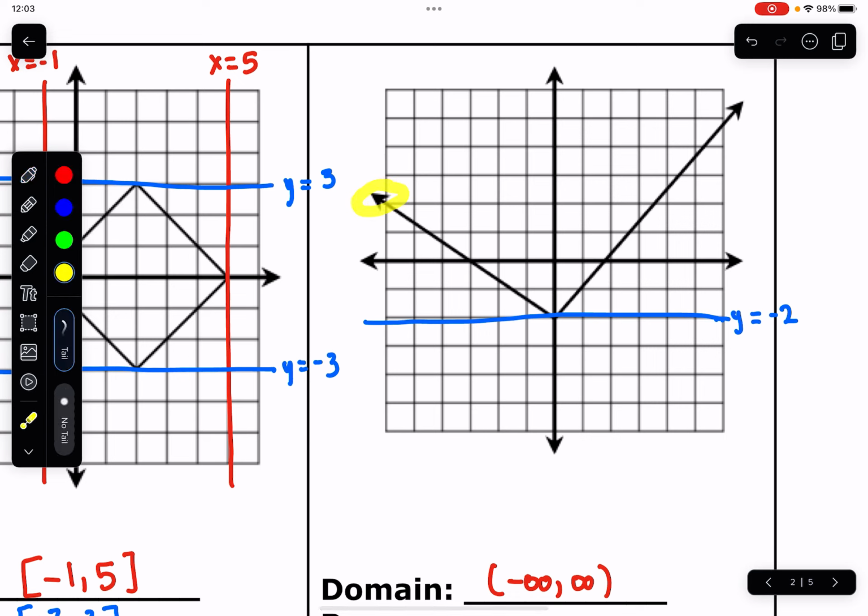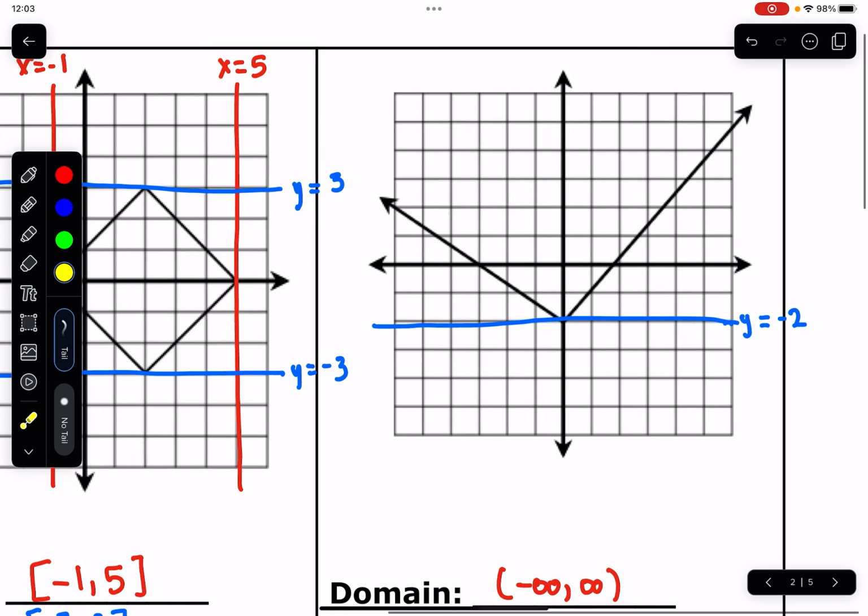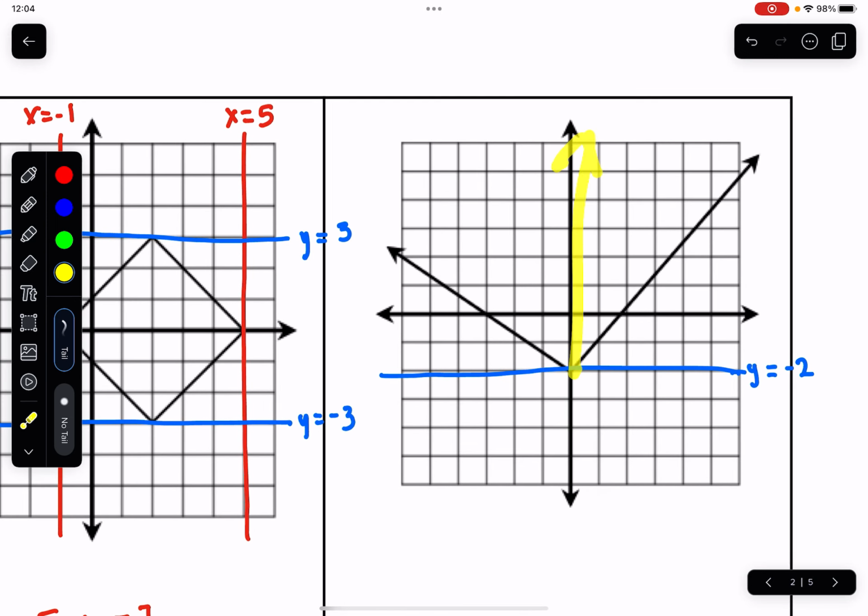It doesn't stop here, nor does it stop here. It continues moving upwards. So there's no boundary point up here. So the interval here would be from -2 all the way up to +infinity, because there is no upper boundary.